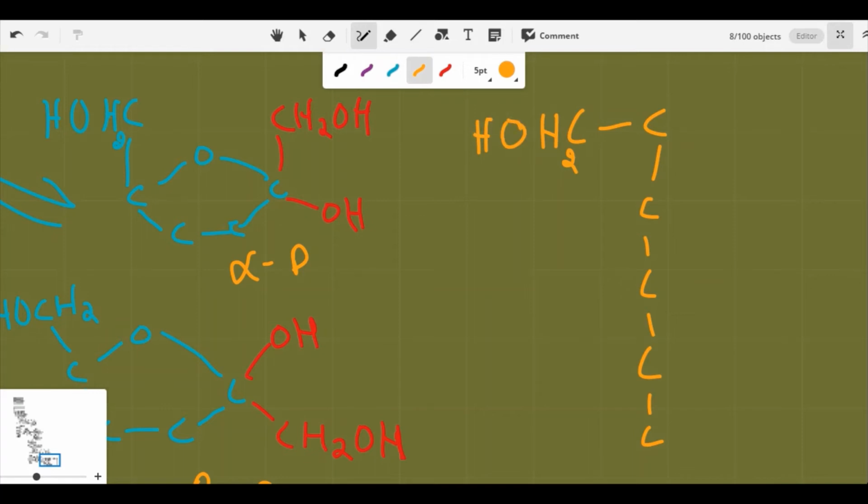So you have to remember that is carbon 1, carbon 2, 3, 4, 5, 6. Carbon 2 has the hydroxyl group, here is OH, and here is hydrogen, OH, OH.